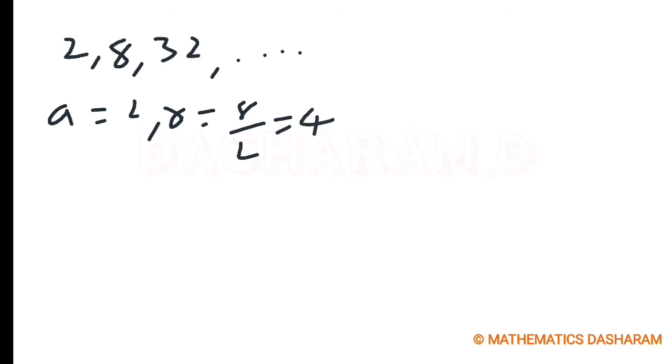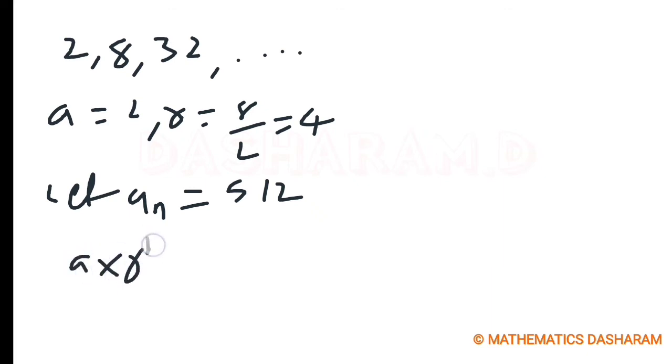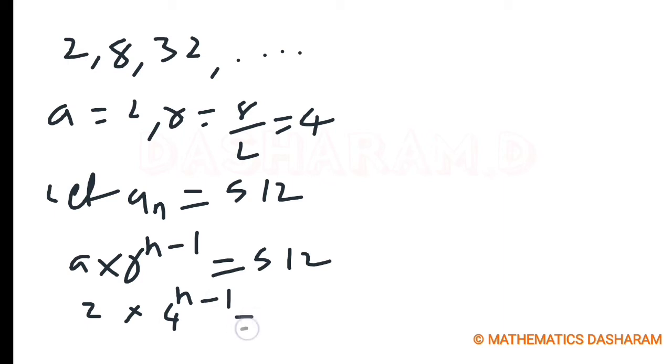Which term of the GP is 512? That means let an equal 512. Using the an formula, a into r to the power of n minus 1 equals 512. The a value is 2, the r value is 4, so 4 to the power of n minus 1 equals 512. So we need to find the n value. n is our required answer.